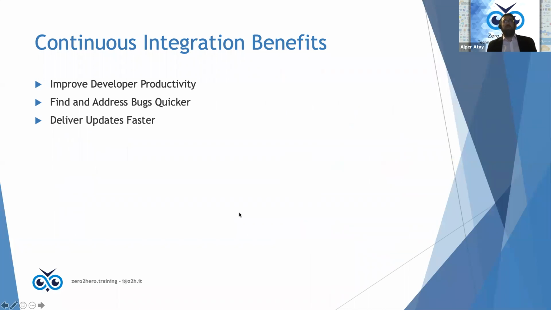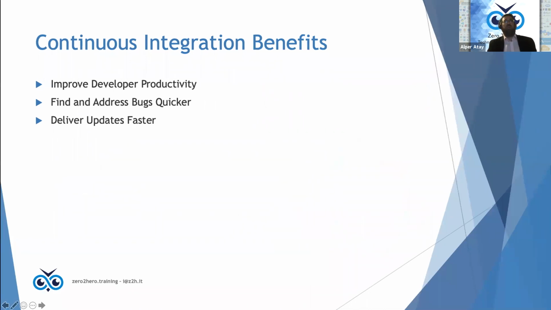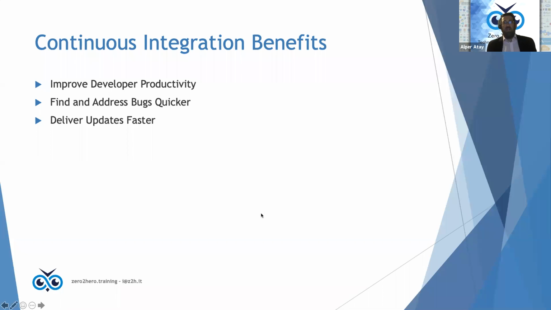It improves developer productivity, because it helps your team to be more productive by freeing developers from manual tasks and encouraging behaviors that help reduce the number of errors and bugs released to the customers.